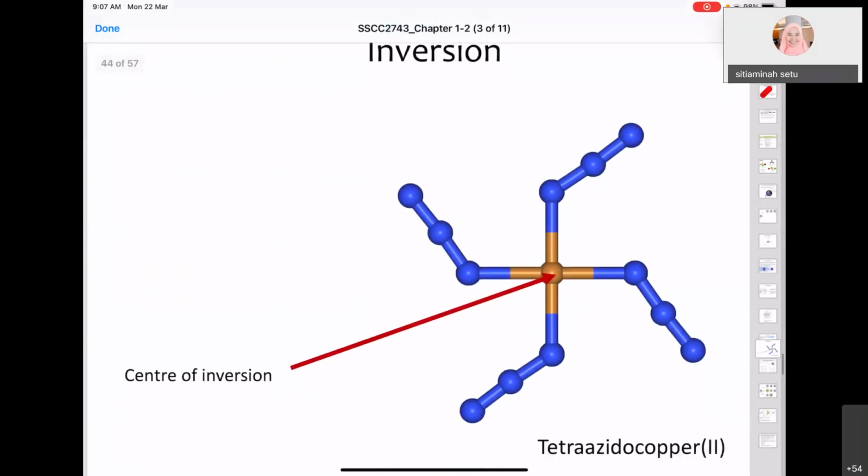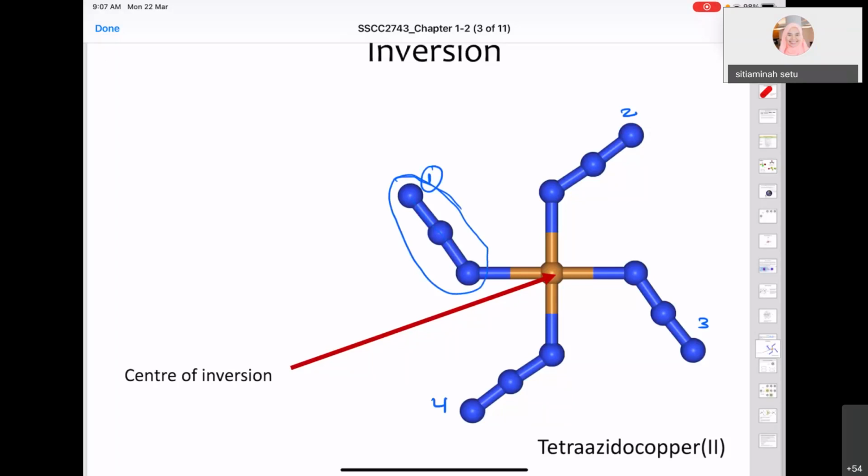Okay, so another example here is tetraazido-copper 2. Okay, so this one at the center is the copper. Okay, so here kalau saya labelkan, this is terminal number 1, 2, 3 and 4. Okay, so kalau kita nak movekan all the atoms yang dekat terminal nombor 1 ni, so it must have equal distance to the image dia.